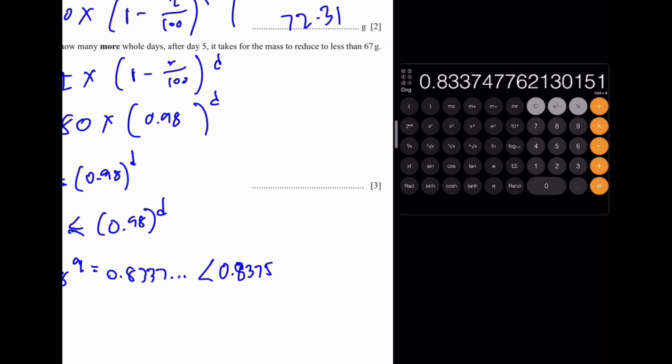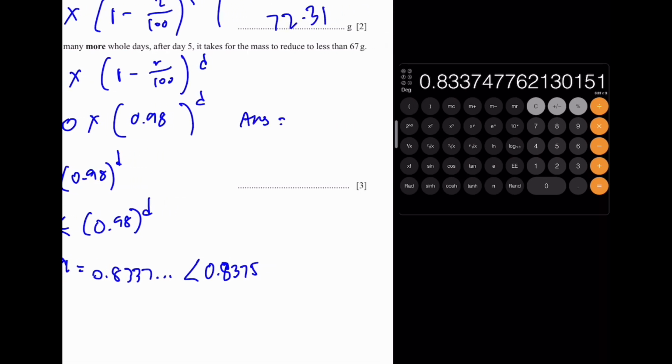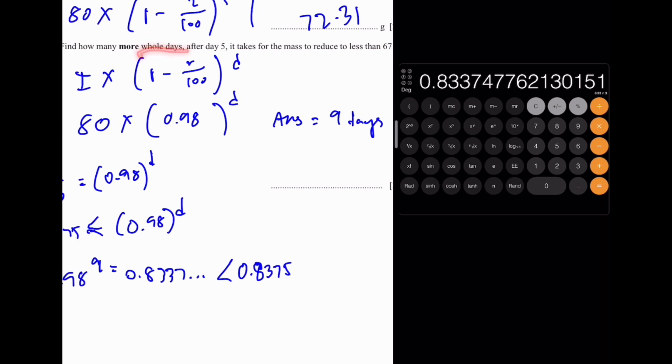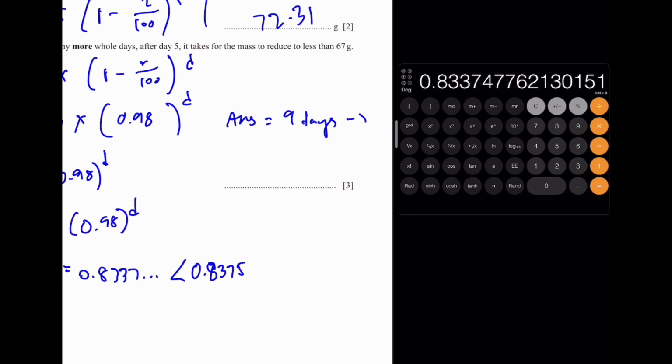So the answer will be 9 days. But we need to see how many more days, not the total amount, how many more after day 5. So we need to subtract 5 days, which makes 4 days. That's the answer.